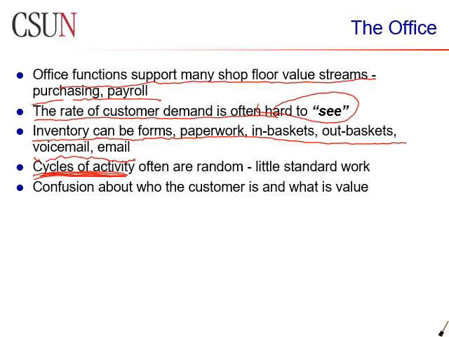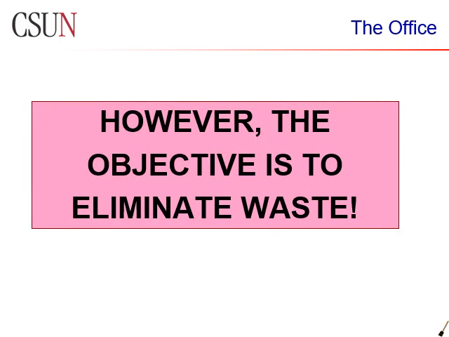In the service, the variation is higher. It may take longer or shorter time. And there is always confusion about who's the customer and what is the value. What's considered value in the service. But again, we need to eliminate the waste.